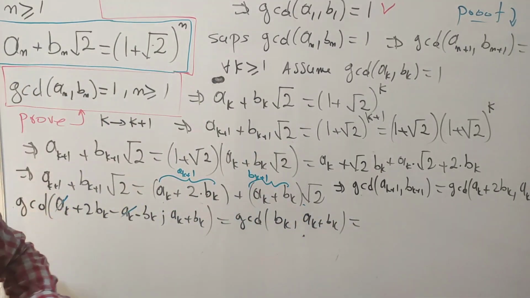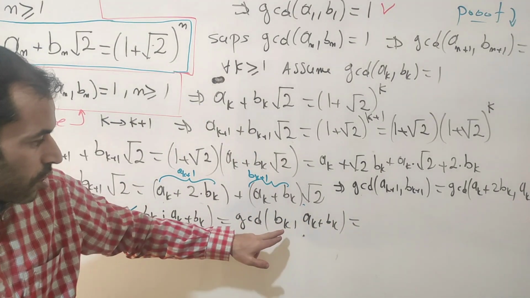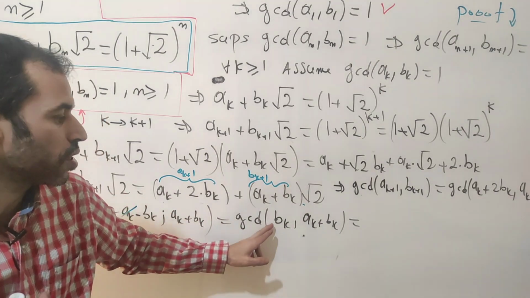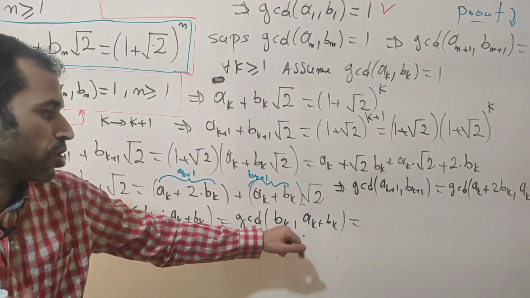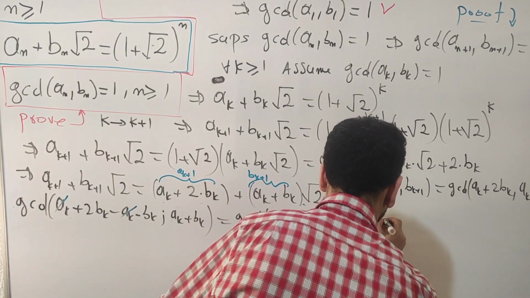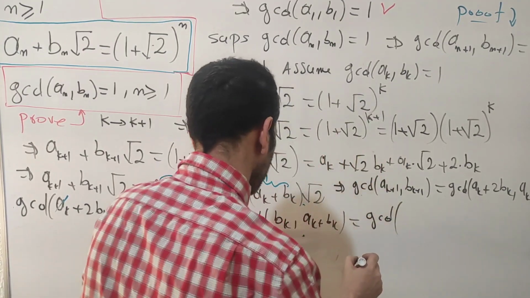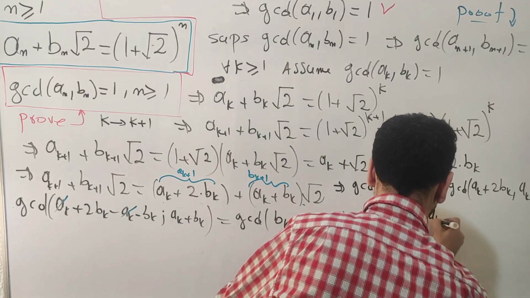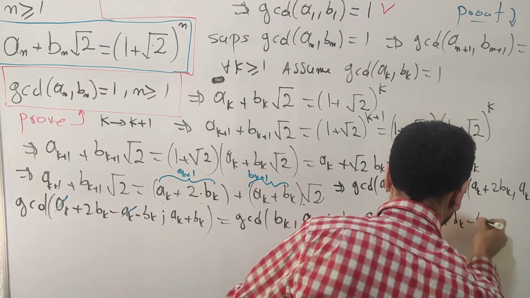Also, if I'm going to make some change in here, since I get b sub k here, if I do this one minus b sub k, because subtracting or adding a multiple of this one, the GCD is going to be the same. Okay, so I get GCD of b sub k, and here I get e sub k plus b sub k minus b sub k.